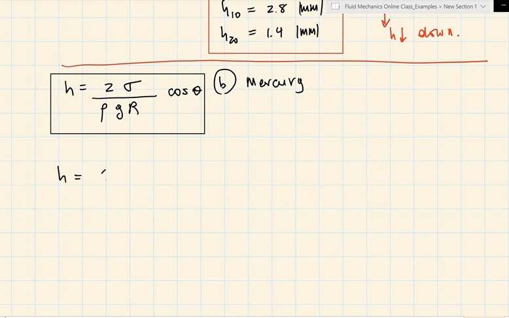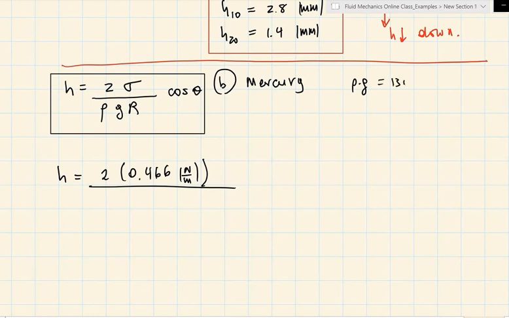And H is equal to 2 times, I'm using the equation above, 0.466 newtons per meter. This is the value of surface tension at a given temperature for mercury. Divided by rho G, which is 13,000, which is rho, times 9.81, which is G. The 13,000 is in kilograms per cubic meter, and 9.81 is in meters per square second.